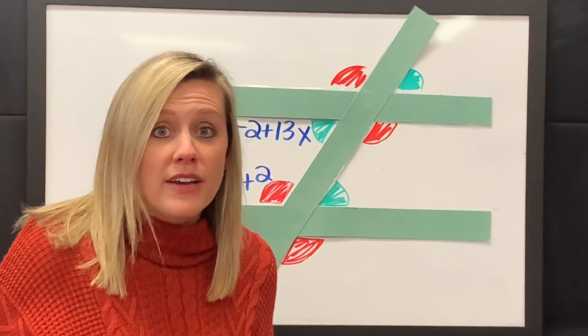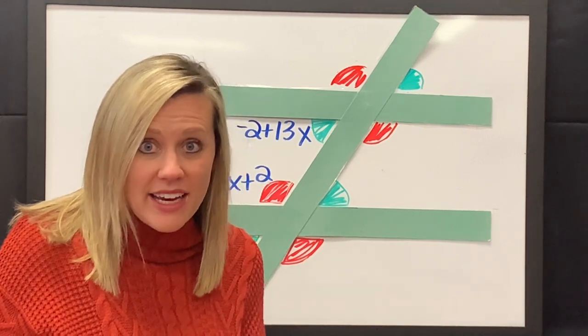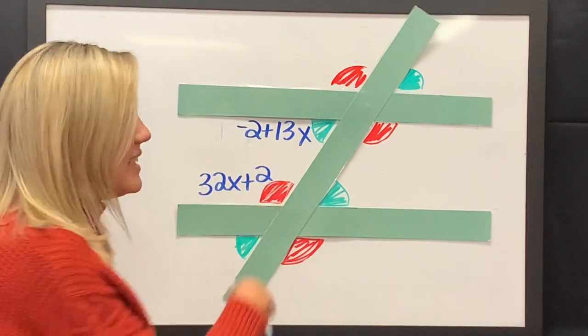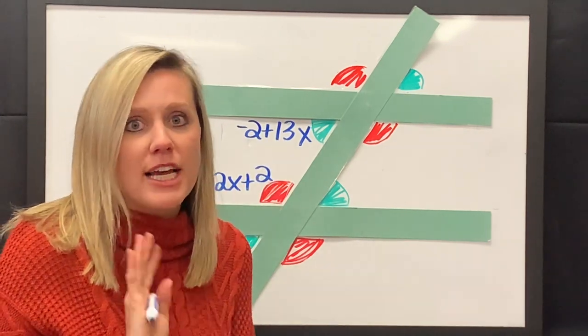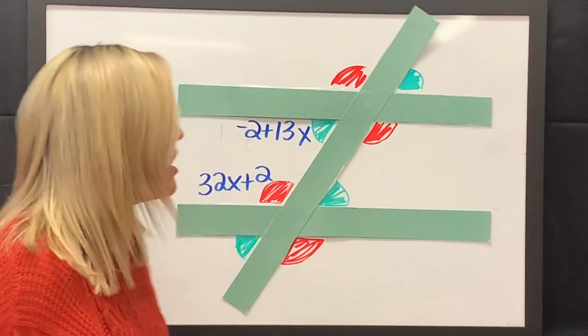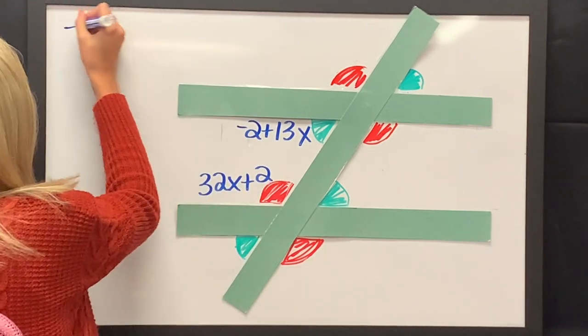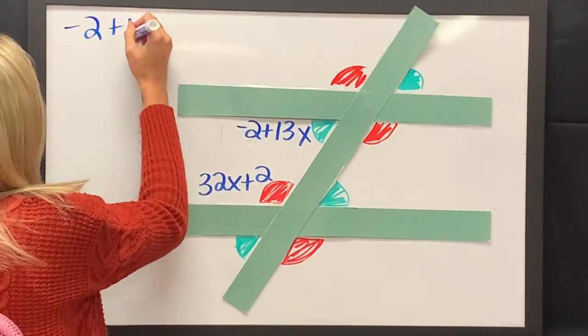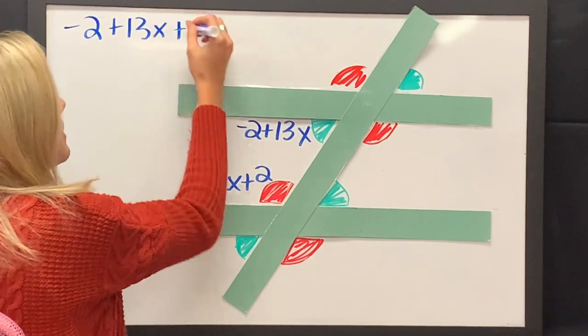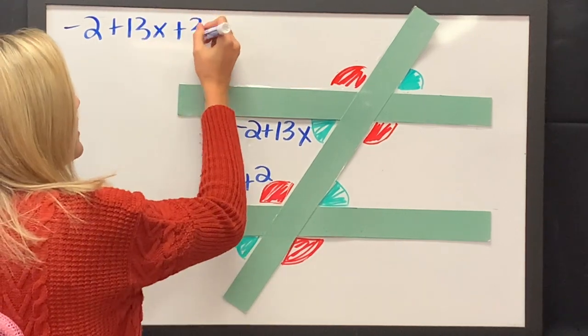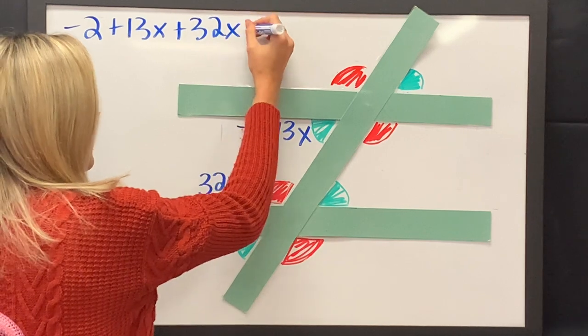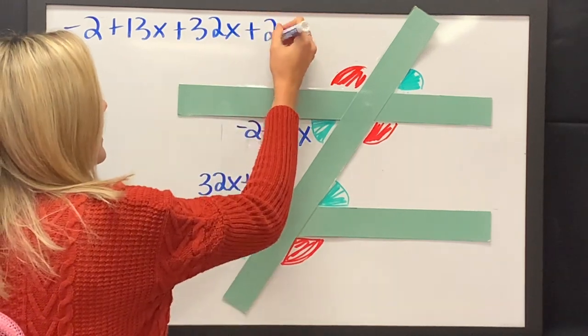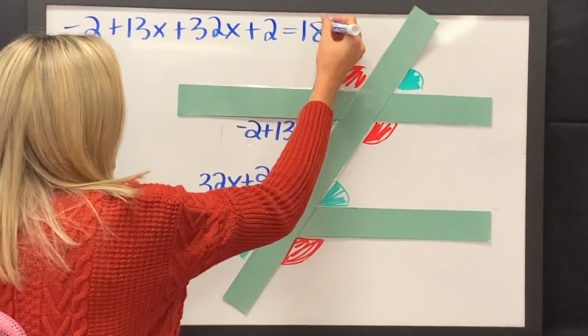And those types of angles always add to 180. So I'm not going to set these equal to each other this time because they are not equal to each other. I am going to write -2 plus 13x plus this angle, 32x plus 2, gives me 180 degrees.